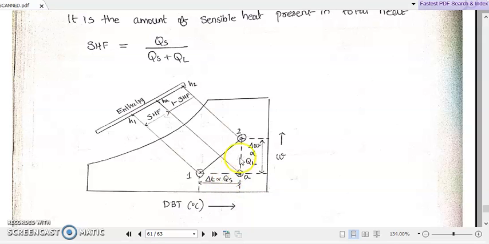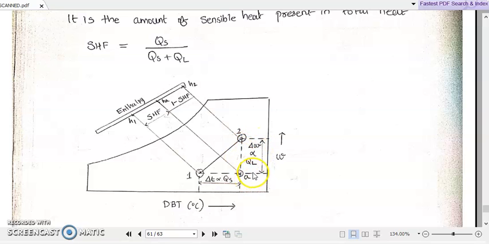Then what is the latent heat load present during this process 1 to 2? That will be with respect to the delta omega, or the change happening to the specific humidity. How can we find that? Simply draw a horizontal line from 1 and 2. These horizontal lines from 1 and 2 give the delta omega, or change happening in the specific humidity, and this delta omega will be proportional to the latent heat load.